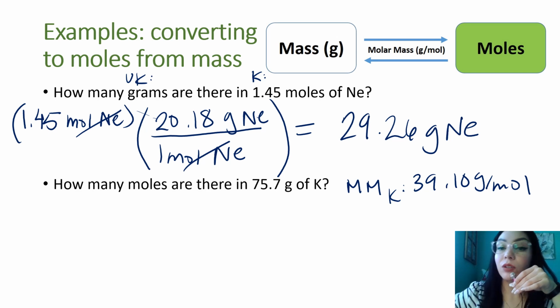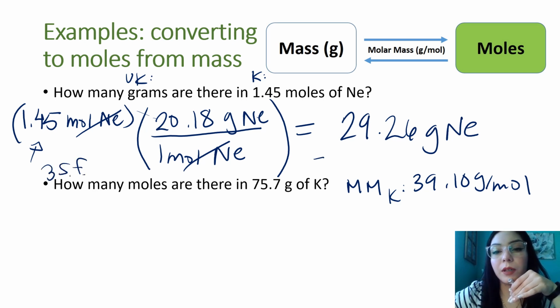So actually, now that I look at it, we have to round this. For molar masses, I don't take them into account for sig figs, because essentially they are set values that have been calculated already. So I'm just going to look at the sig figs in our original number, which was 3, and I'm going to go ahead and round this. So 29.3 grams of neon, right?